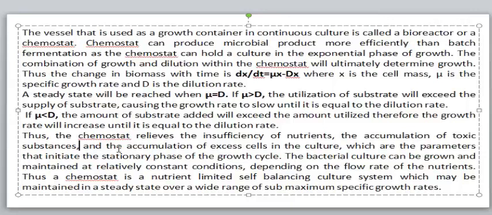So basically there are only three things. These equations you have to keep in memory.